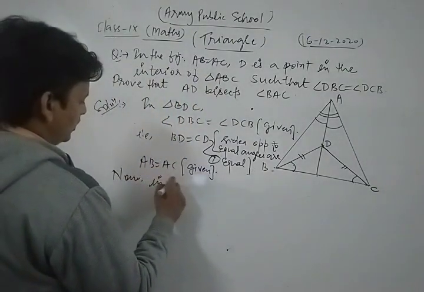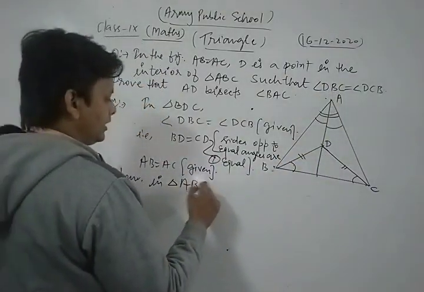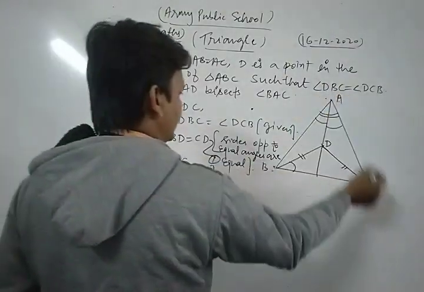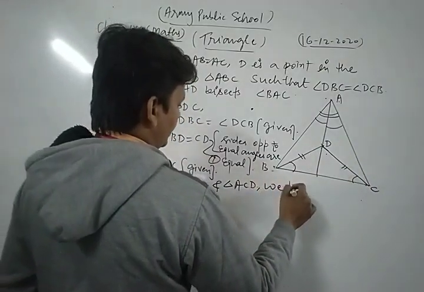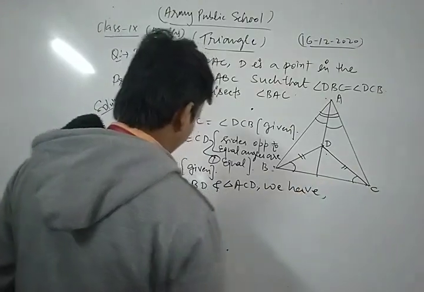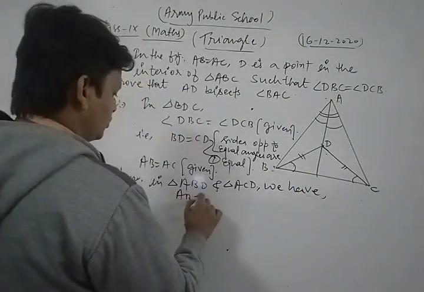Now in triangle ABD and triangle ACD, what do we have? Let's see. In those triangles, dear students, AB is equal to AC.